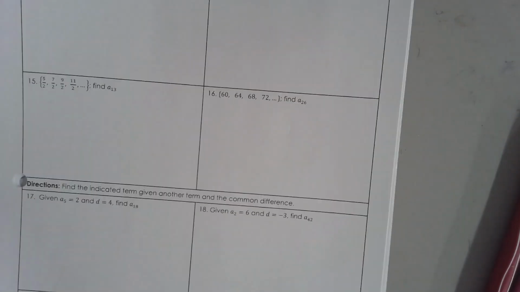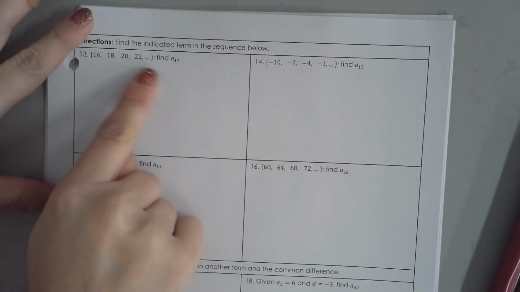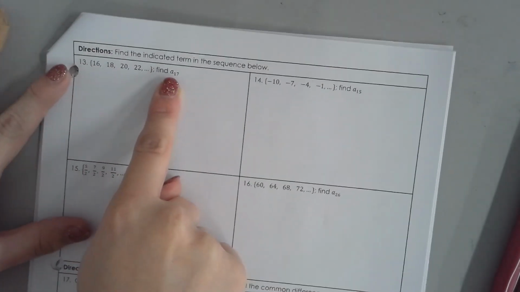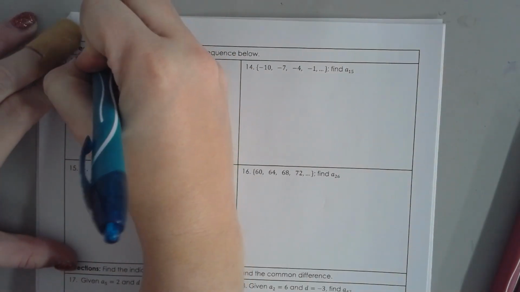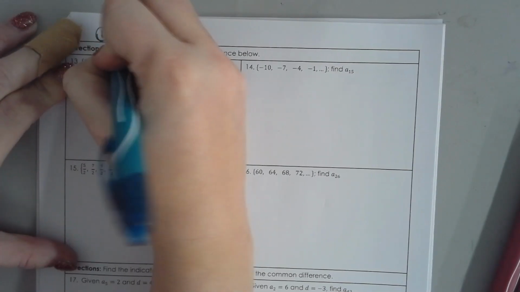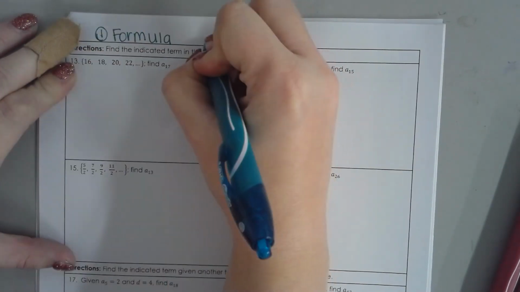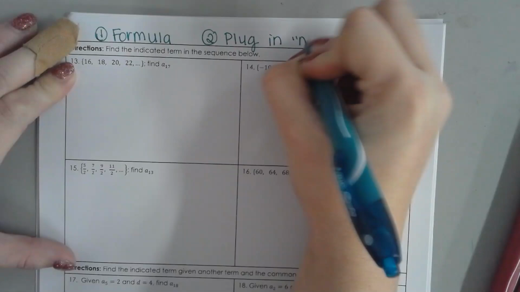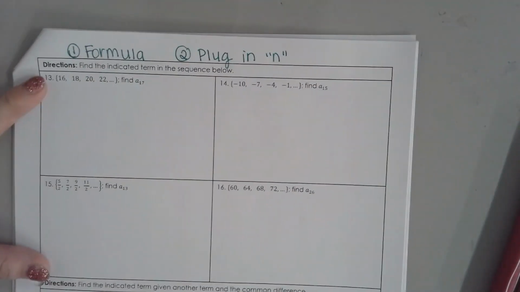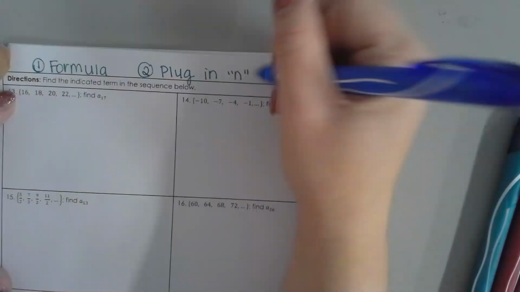Alright, now we're actually going to use the formulas to come up with any term that I ask for. So number 13, I'm giving you the first 4 terms, and I want you to find A17. You have to do the formula first, and then you're going to plug in n.